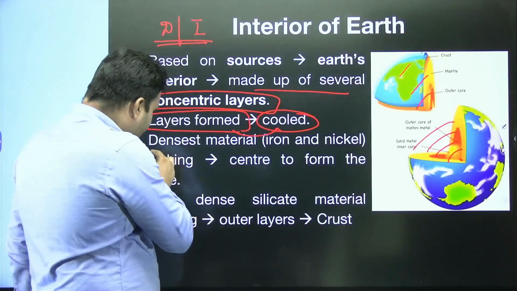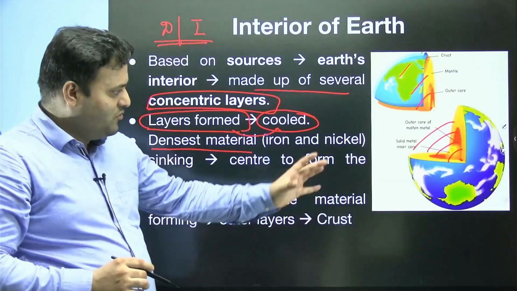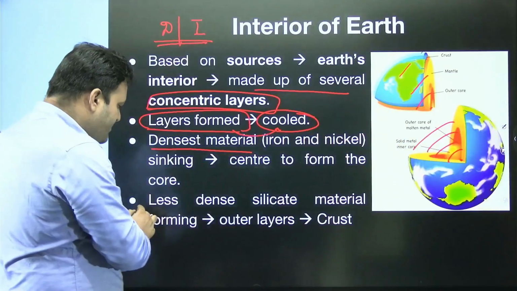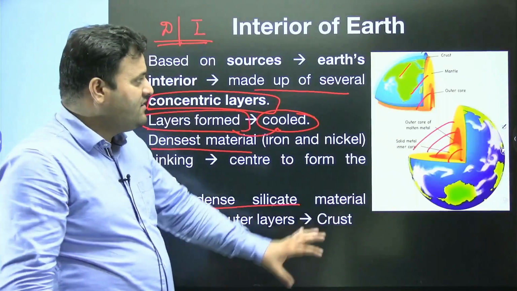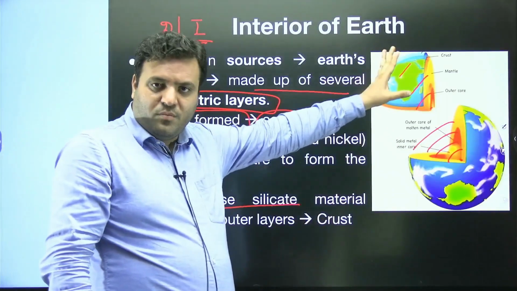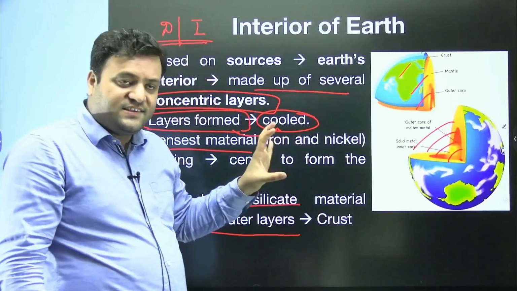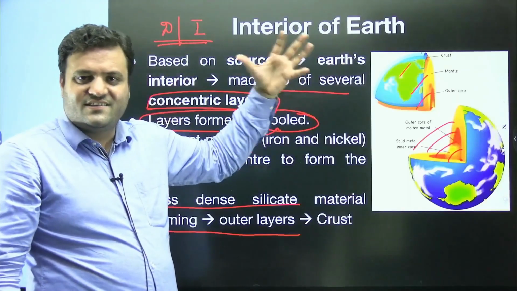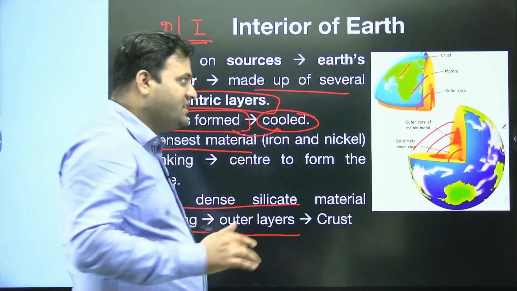The denser materials like iron and nickel move towards the central part, and the lighter, less dense material, the silicate, were in the topmost part of our crust. And this part where we have these less dense, lighter silicate materials is itself the crust.